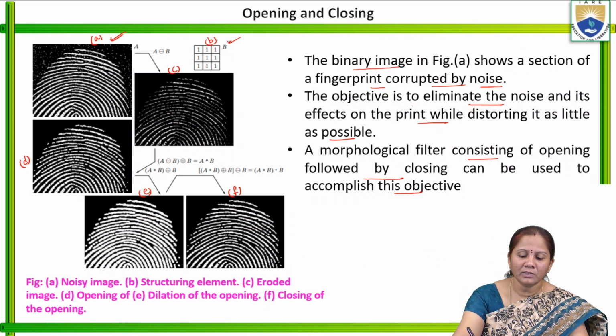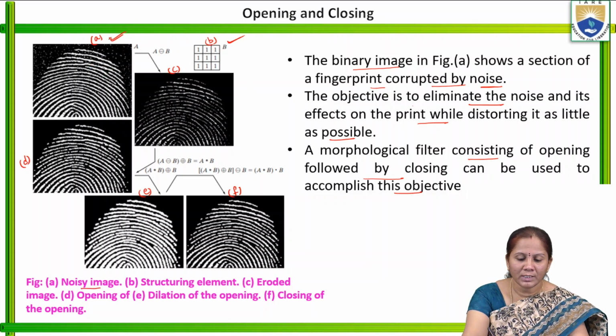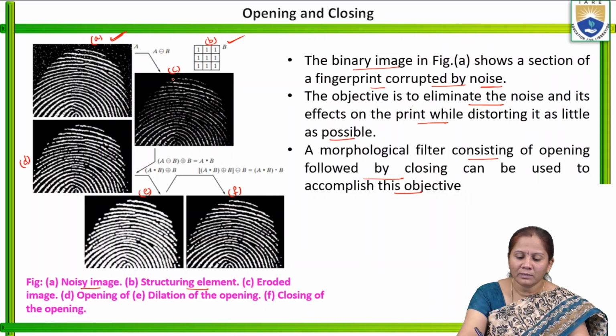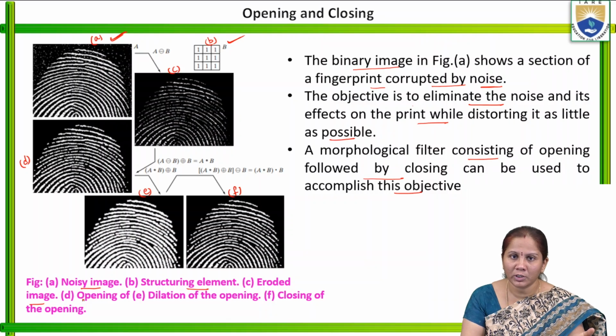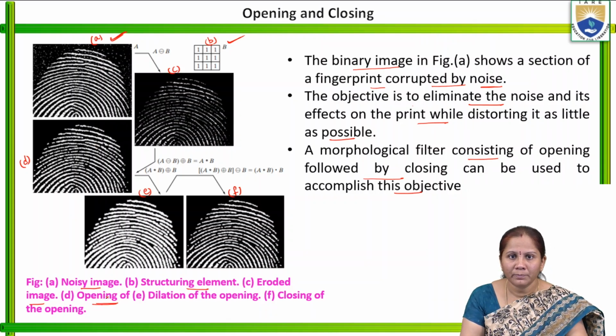Here is the structuring element which we are going to apply on this image. This is the noisy image, and this is figure B, the structuring element which acts as a filter to avoid the noise. Figure C indicates the eroded image, after performing the erosion operation. Next, the D image indicates the output of the opening operation.